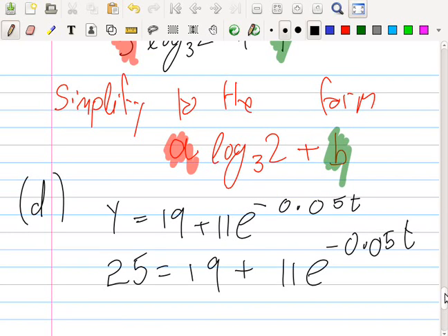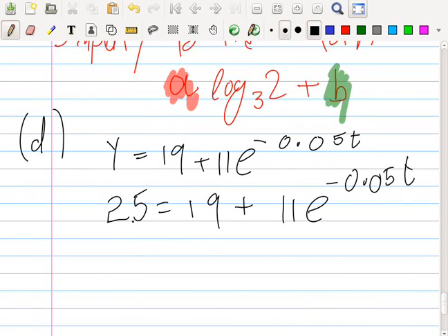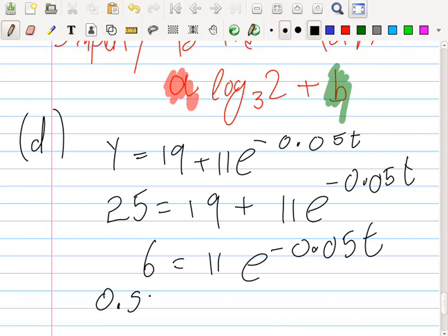This isn't too bad. You take the 19 over to the left, and what have you got? 6 equals 11 e to the minus 0.05 t. And then what's next? Divide by 11. So we get, if I want to use decimals here, 0.5454 equals e to the power of that. Now, how do I get rid of an e?